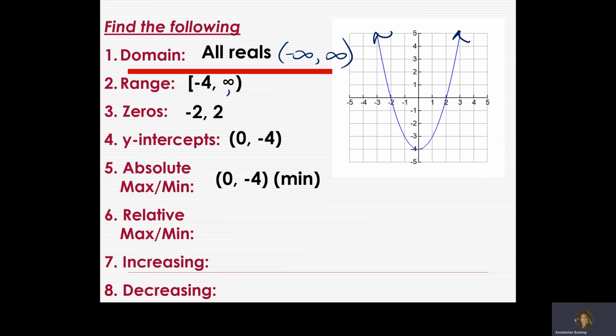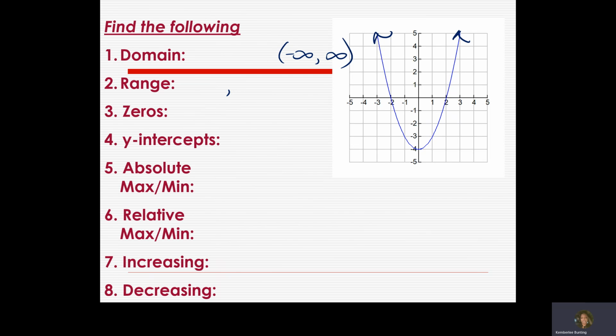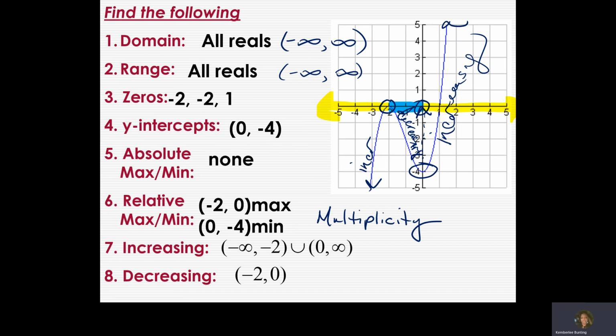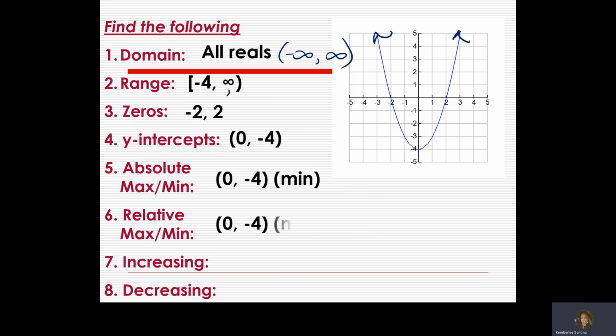But if you have a relative minimum value, that doesn't automatically mean that you will have an absolute minimum value, okay? And I think we saw that on the previous slide. We had a relative minimum and max, but no absolute at all. You feel me? All right. So the location would be 0, -4 as well for the relative minimum value.